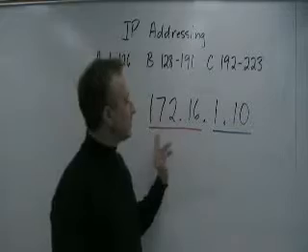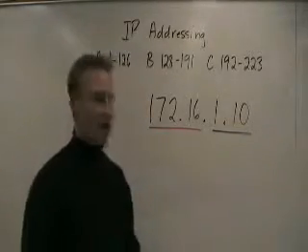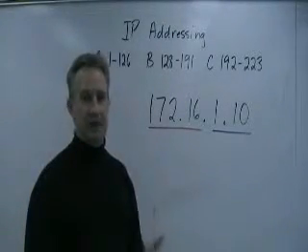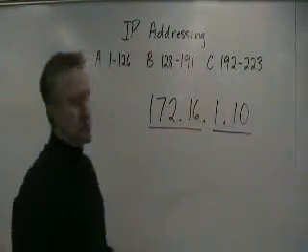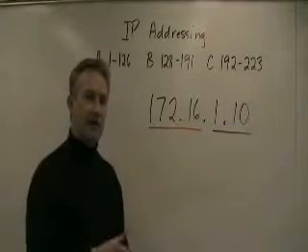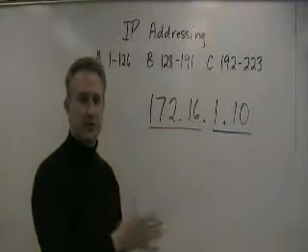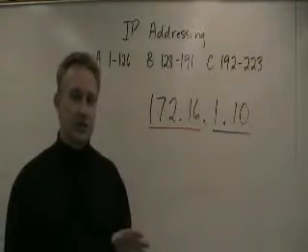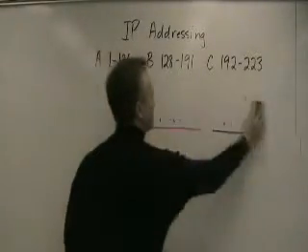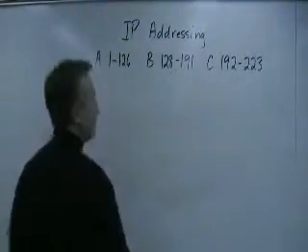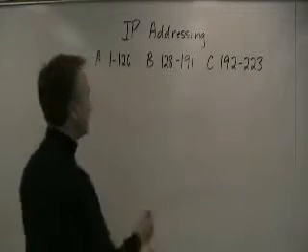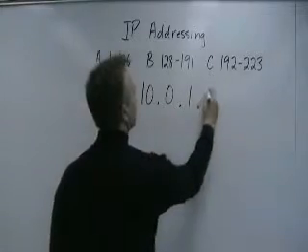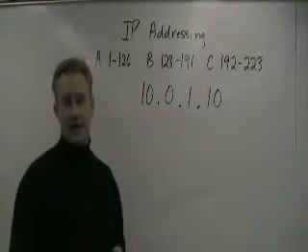Now, how I've divided this address up comes from the fact that it's a Class B address. Each of the 3 classes has its own way of dividing the address up into network and host portions, and there's a definite pattern to it. So if we look at each class one at a time, what we see is, first of all, for Class A, we could have an address like that.